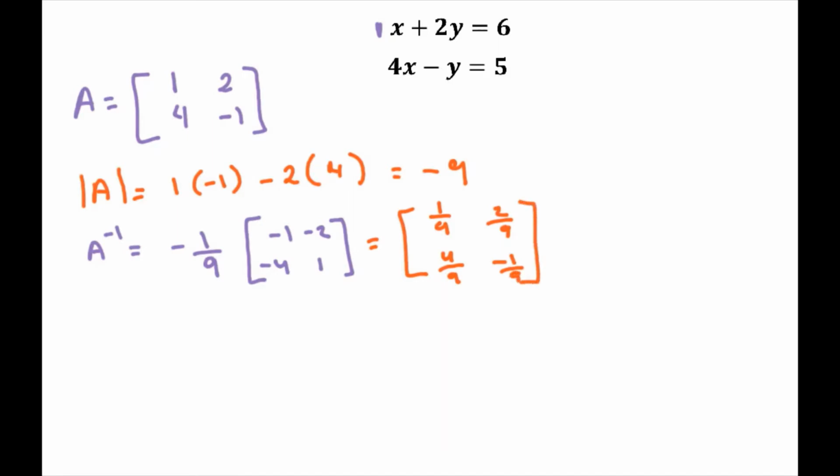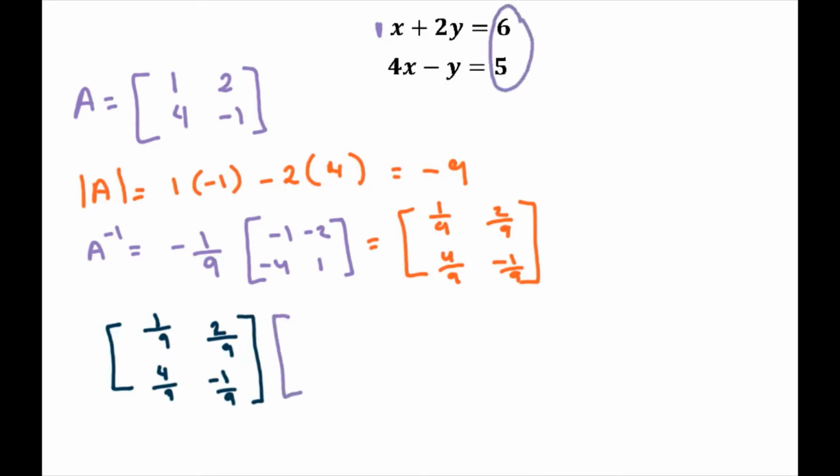And then you take this matrix, the inverse matrix, and multiply it by the constant matrix. Constant matrix is 6 and 5. And then you find the answer.